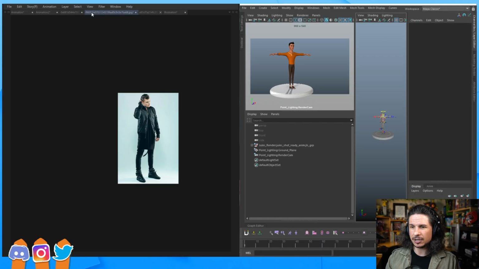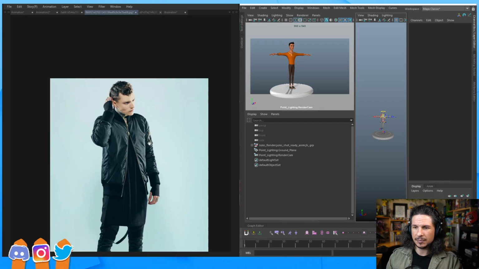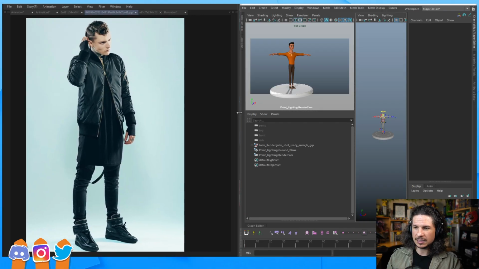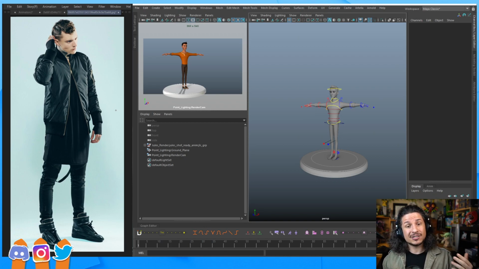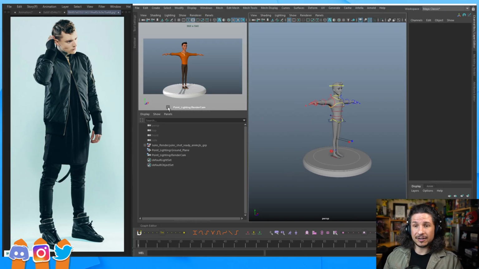Now I'm actually going to start with this pose here. It's a simpler pose, but that's kind of the reason why I want to start with it, because simple poses are the ones that I often see students struggle with the most because, well, they're just so darn simple. There's not much there to it. So let's say we've got our character and we want to pose them here.